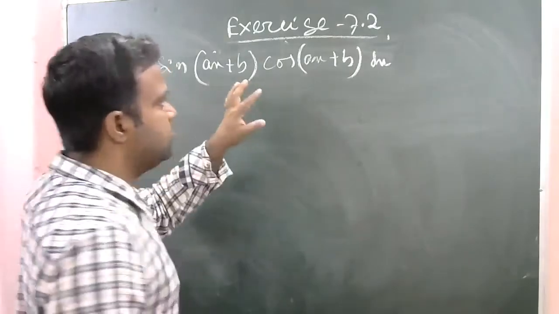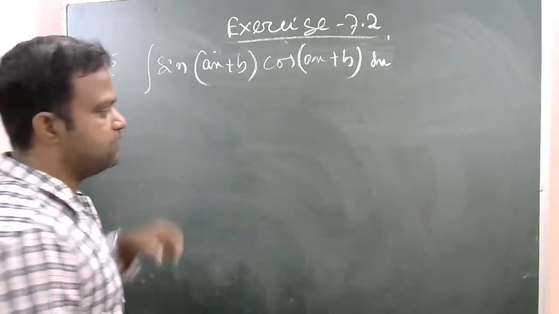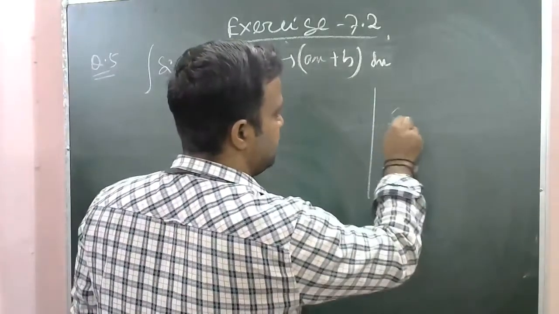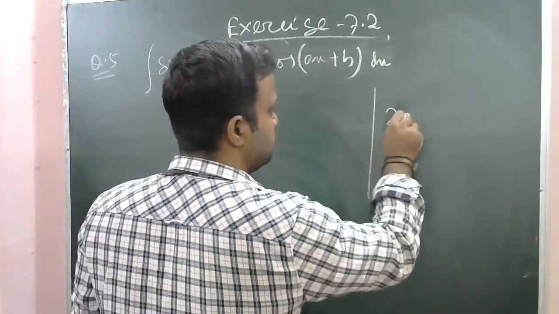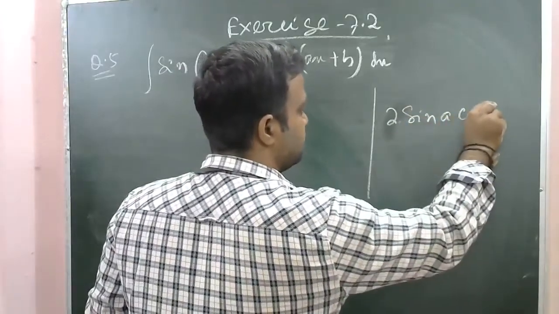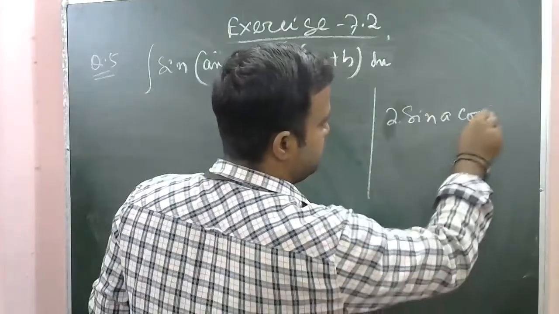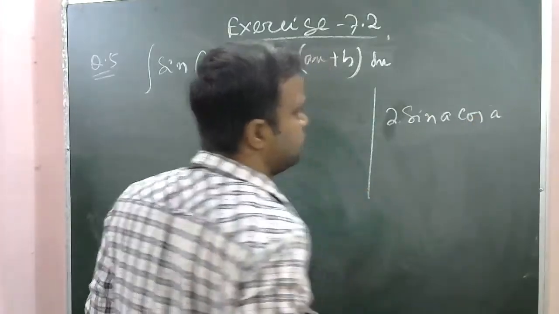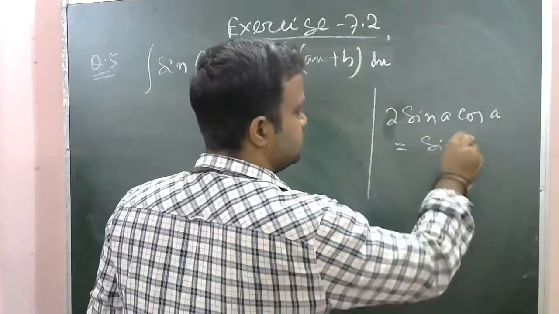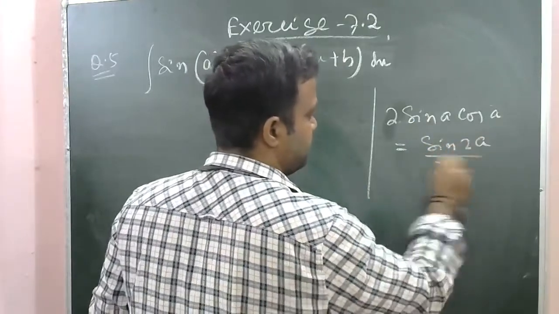So I just convert this one into a simpler function, because you know that 2 sin a cos a is equal to sin 2a. This is the formula.